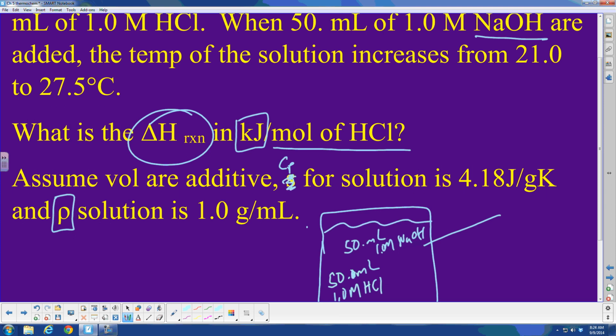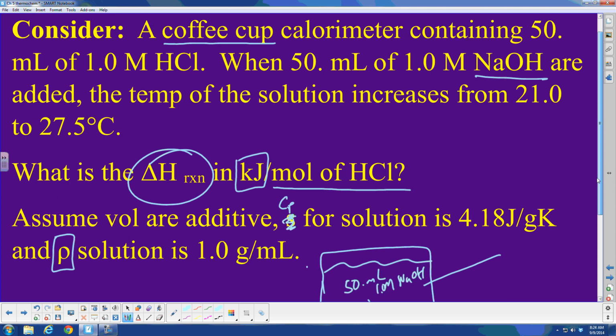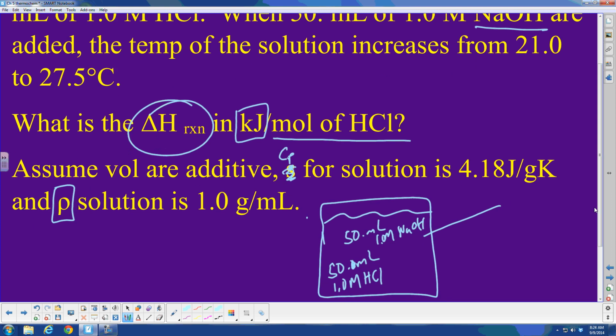Okay, and so those are both in my coffee cup, and they form my solution, right? My solution is really a combination of these two. So what would you say is the volume of my solution? Well, the volume of my solution is going to be the 50 mils of HCl plus the 50 mils of NaOH, which gives me 100 mils of solution.